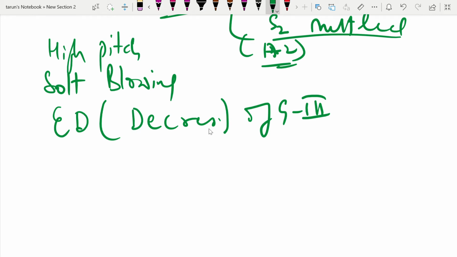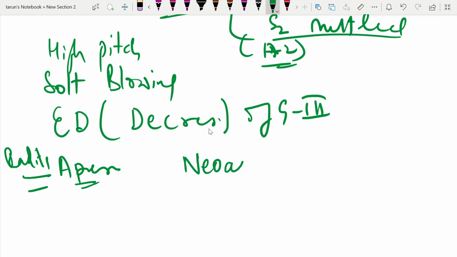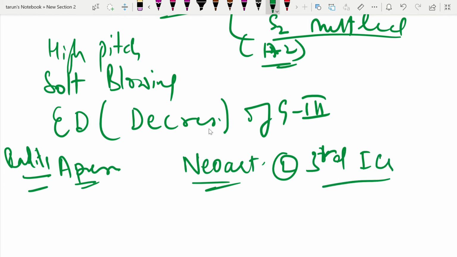The murmur radiates to the apex and is best heard in the neo-aortic area, that is the left third intercostal space. In the left third intercostal space, you will hear the murmur of aortic regurgitation.